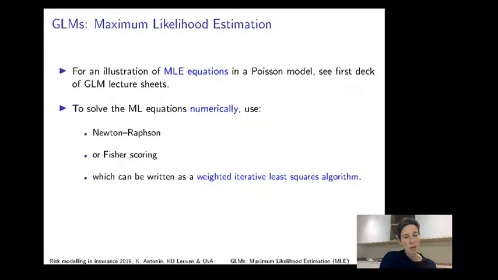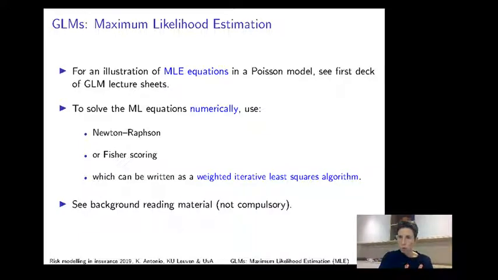And it turns out that with GLMs, these optimization strategies can be written as an iteratively weighted least squares algorithm. R will do this kind of calculation under the hood when you call the glm function, and we will not cover the details in this course, but if interested, feel free to check the available background material to see all the details about how this works numerically.